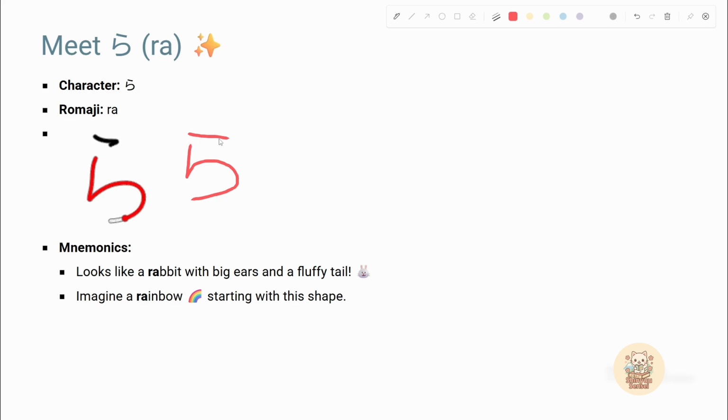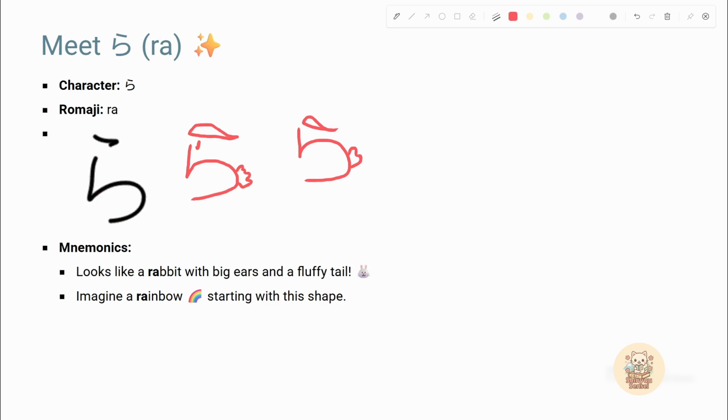If we add a fluffy tail, and let's imagine this is the big ear of a rabbit and this is the eye, it looks like a very cute rabbit. So this is how I remember the Ra character. This is our tail and this, I imagine as an ear.